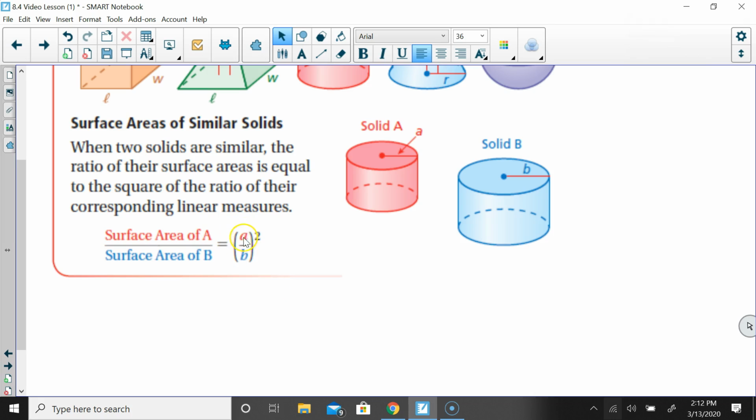So little a and little b are not the same as the big A and the big B. The big A and the big B are talking about the actual solids, the whole thing. Little a and little b are talking about dimensions on that solid. So the ratio of the surface areas is equal to the ratio of the dimensions squared.